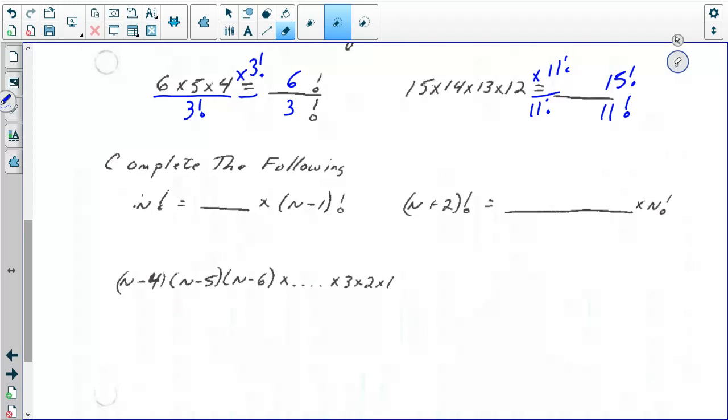Okay. So n factorial can be expanded to be equal to n times 1 less than itself times 2 less than itself, which we're just going to write as n minus 1 factorial. Okay, so now for the next one here, we have n plus 2 factorial.